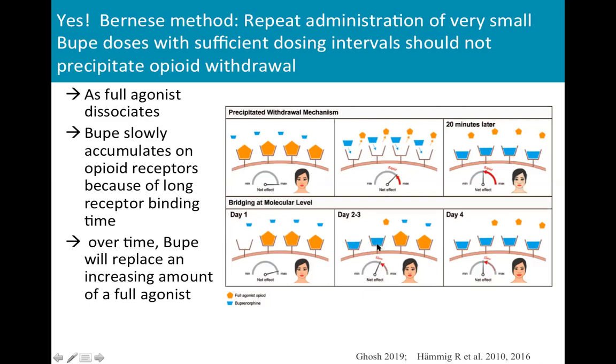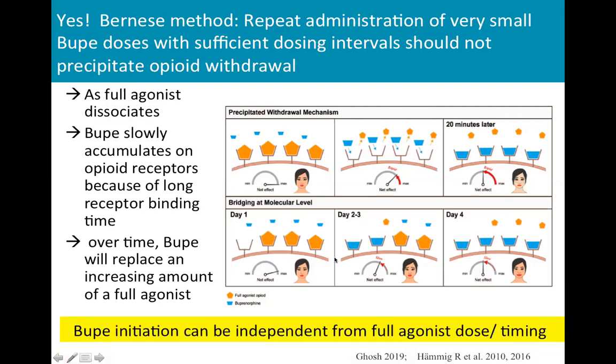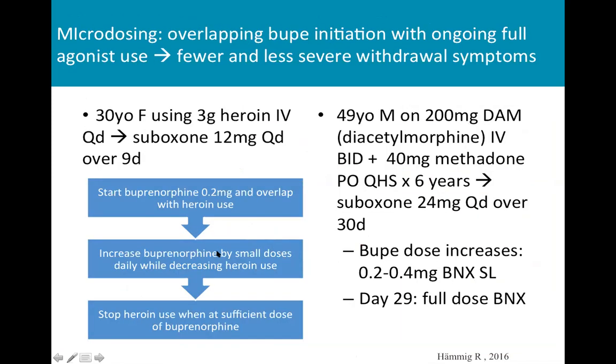And so slowly over a number of days, because of the long binding time of buprenorphine, it's going to accumulate and replace an increasing amount of the full agonist. What this allows us to do is to initiate buprenorphine in a way that's independent from full agonist dosing or type or timing. So it can really happen at any time.